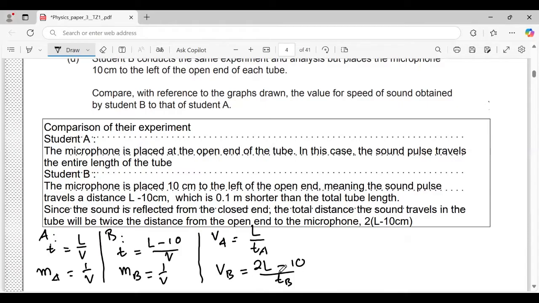Regarding the graph, if we compare the graphs, the graph created by student B will be lower than the straight line of student A, but they have the same gradient.